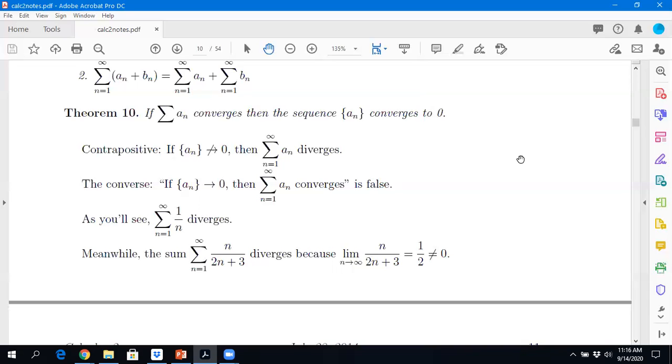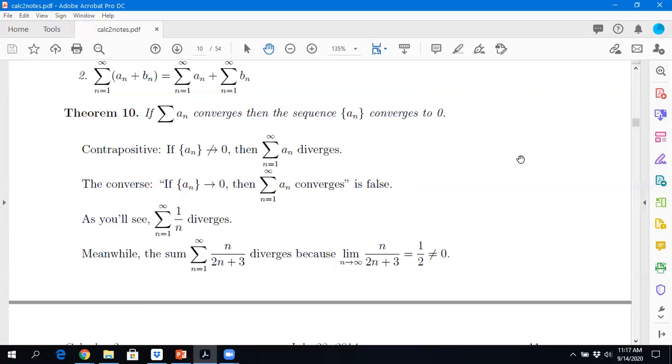Usually what you'll do is you'll say, oh, that's a geometric series, or oh, that's telescoping. And if neither of those, the first thing you typically try is the Nth term test. You check to make sure that the terms go to 0. If they don't go to 0, what do you immediately conclude? Diverges. The series diverges.